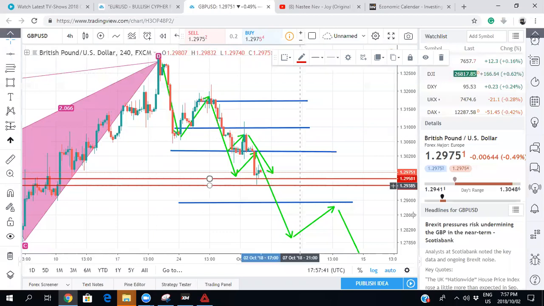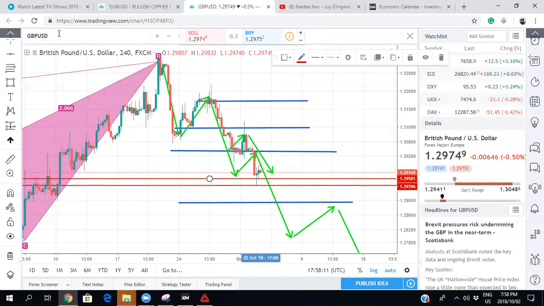Your first take profit can be at 1.29581. Your second or last take profit is 1.29396. Should it break 1.29396, sell all the way to 1.28962. You just got a free signal.